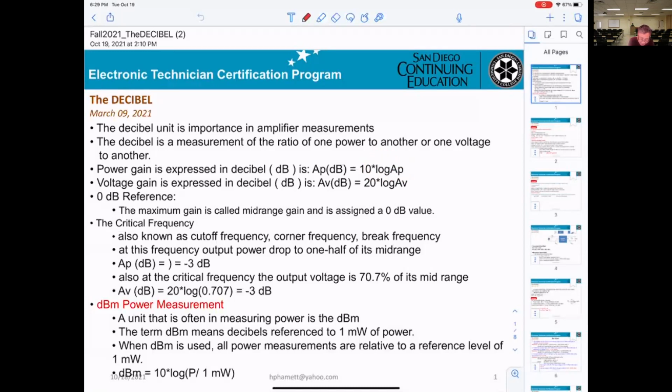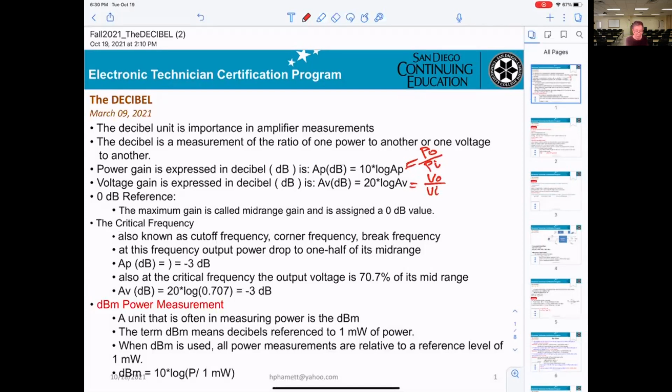So AP here equals P out divided by P in. Okay? And AV will equal V out divided by V in. So if you get V out divided by V in, that's not the decibel.